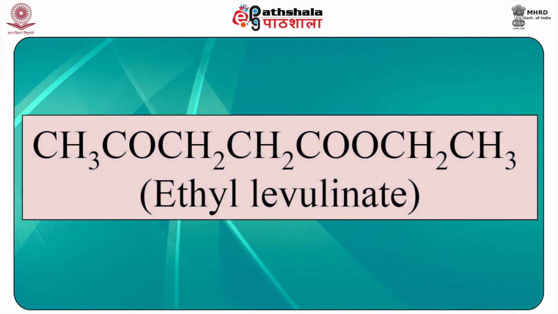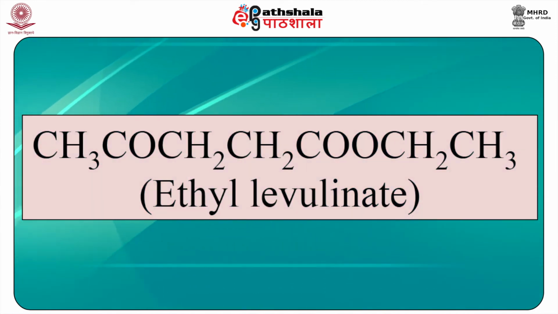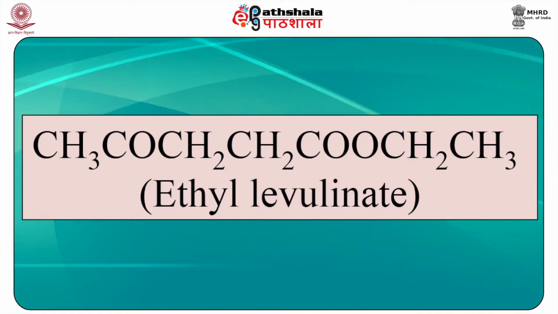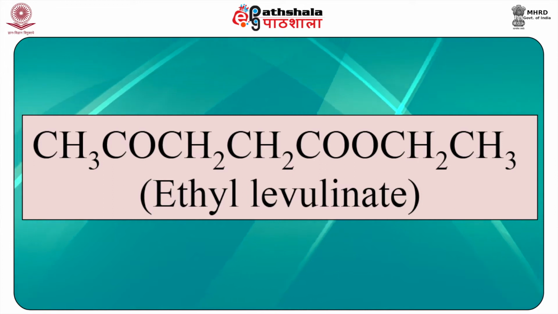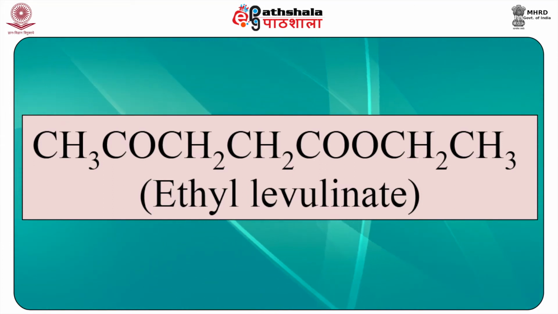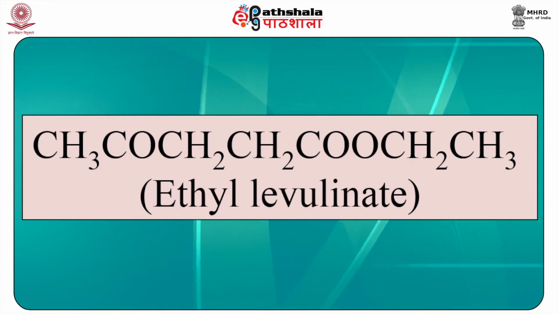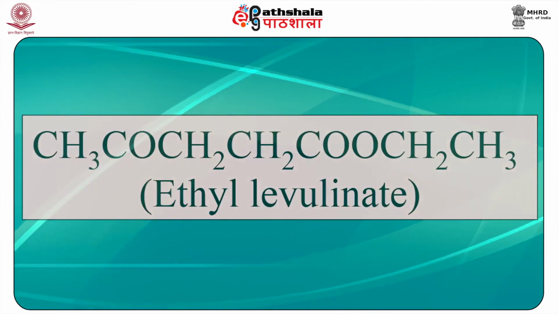This is normally an indication of a methyl group linked to a carbonyl group. By combining all this information, we have come to the conclusion that the given structure is ethyl levulinate. The structure is CH3, CO, CH2, CH2, C double bond O, O, CH2 and CH3.